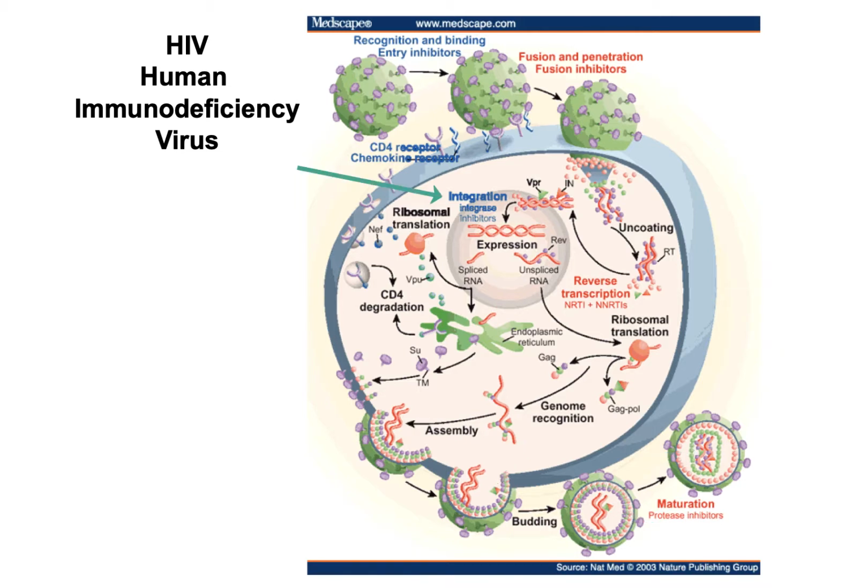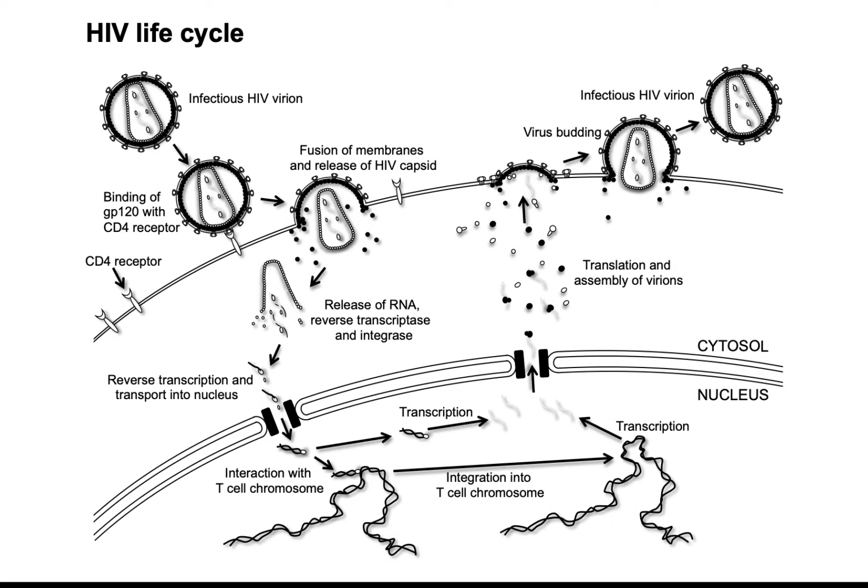So integration occurs also back in the nucleus, and then that cell becomes just a factory again for producing new HIV virions. This is a slightly different version of the same thing, just showing a few of the additional details.